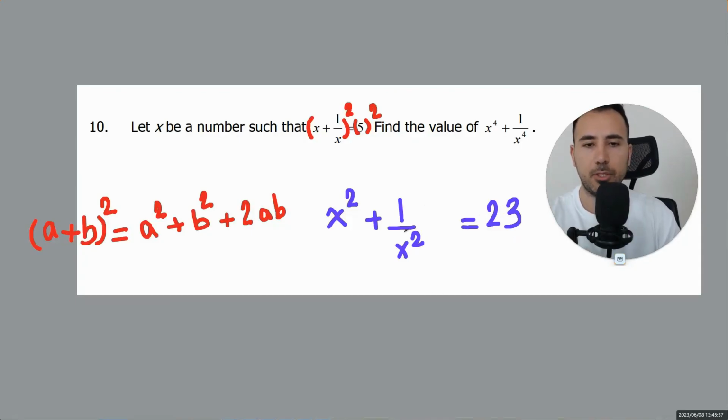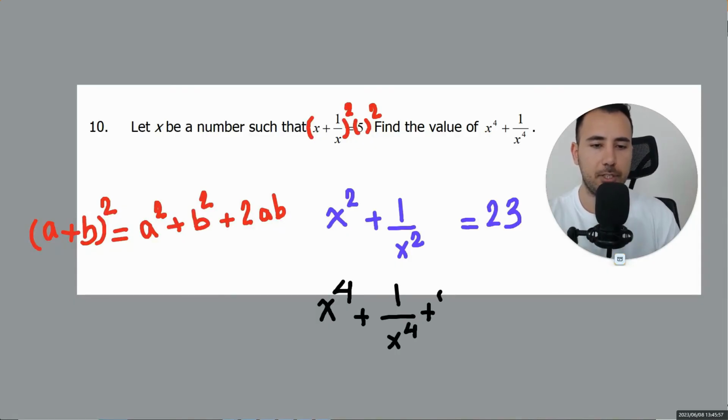Okay. So let's use the formula one more time, and then we get the answer. Let me change color. Again, the first term is squared, x to the 4th power, plus 1 over x to the 4th, and again, you saw that they will be canceled.